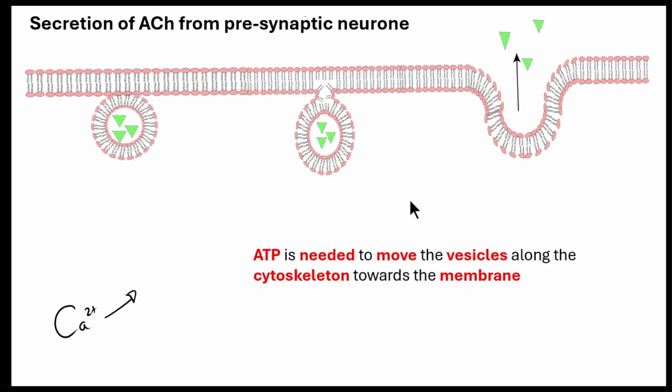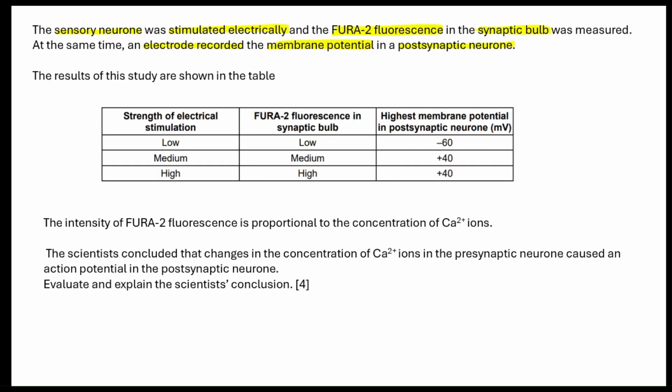So it's important to note that we need to think back to module 2.1, where the cytoskeleton requires ATP to move the vesicles along the cell through that cytoskeleton towards the membrane. So do note the interlinking topic areas. Now let's go back to the question.